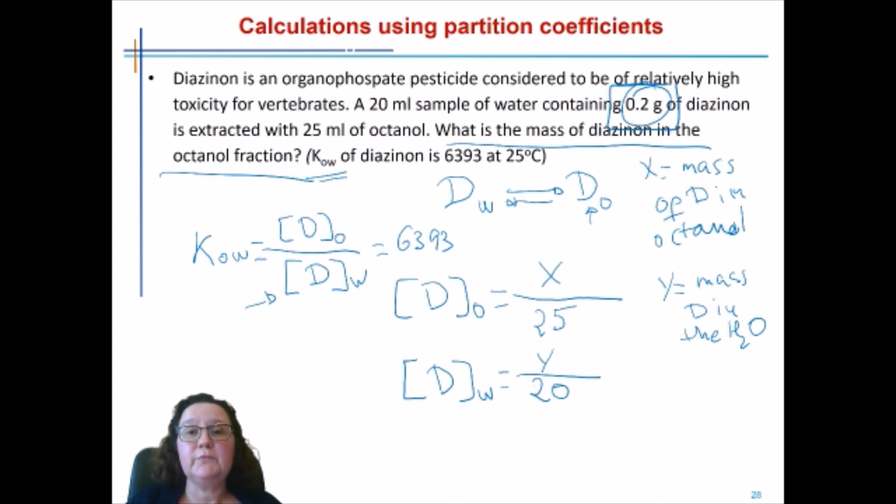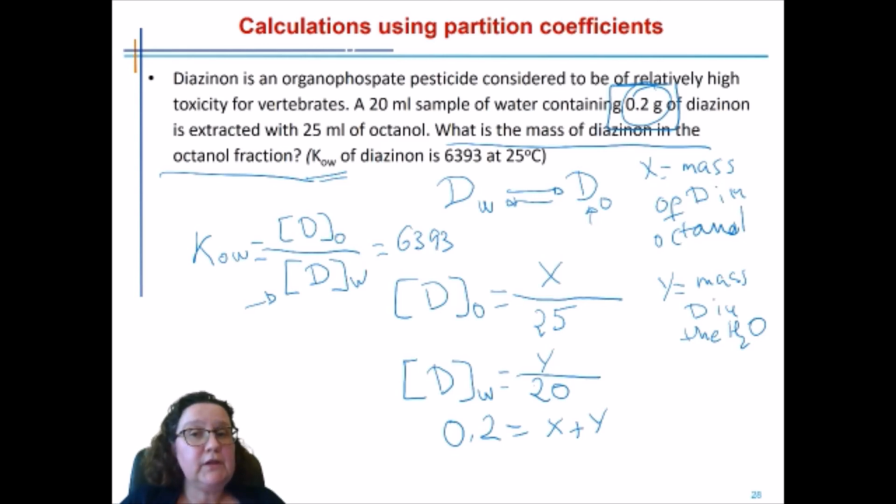The problem tells me I've got a sample that has 0.2 grams. Which means that how much diazinon I have in the octanol and how much stayed in the water have to add up to 0.2, because that's how much diazinon I have in total.